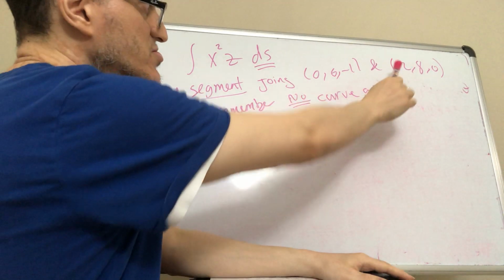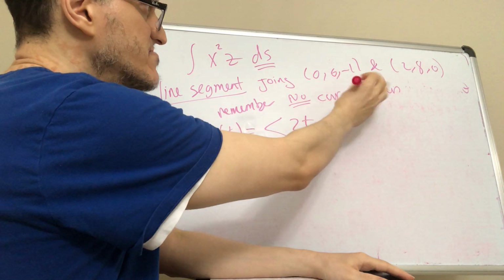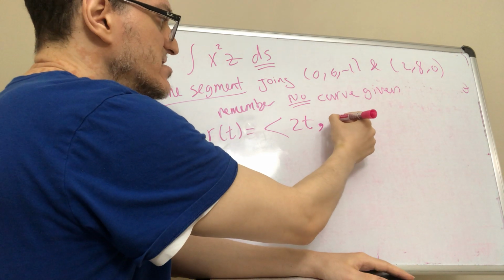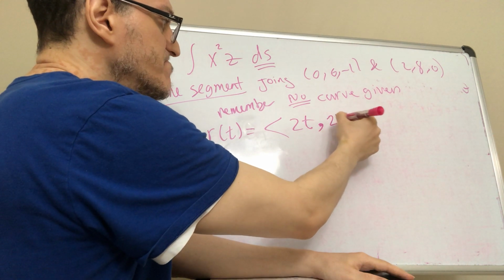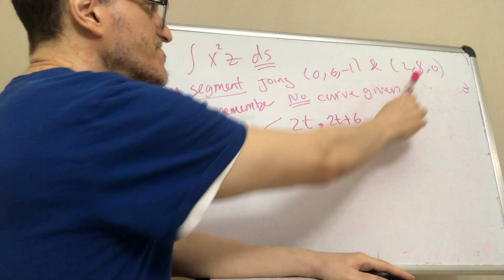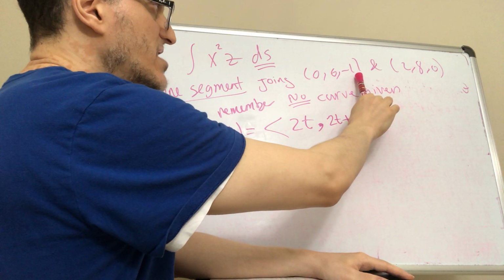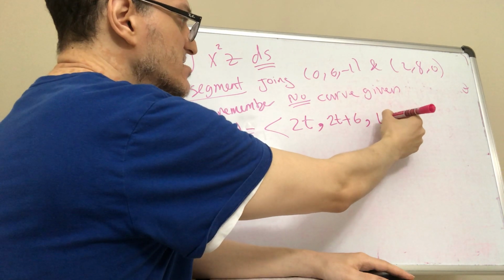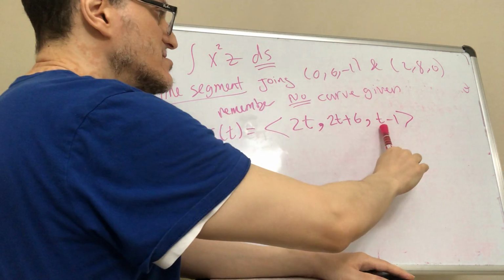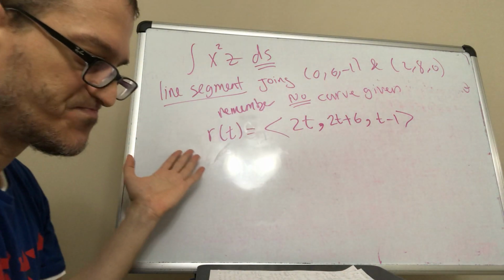Plug 1, you get 2. If I plug 0, I get 6. If I plug 1, I get 8. So it'd be like 2t plus 6. Plug 0, 6. Plug 1, 8. Here, if I plug 0, I get minus 1. So it must be something like t minus 1. You plug 0, you get minus 1. You plug 1, you get 0. So I made the curve.